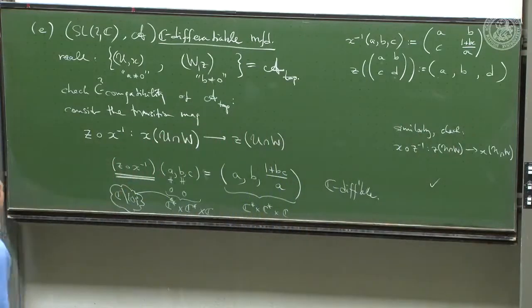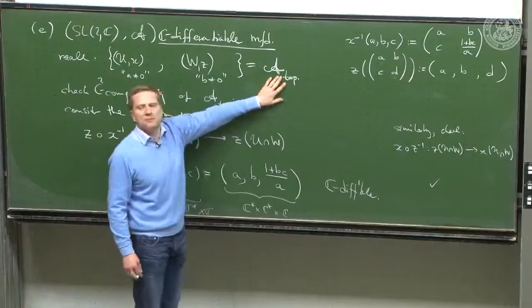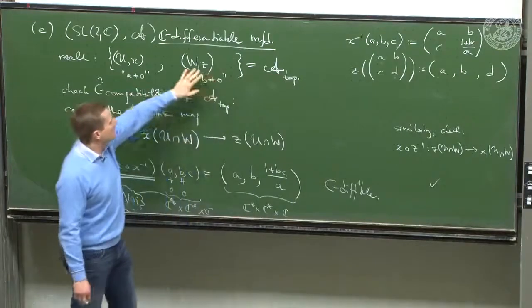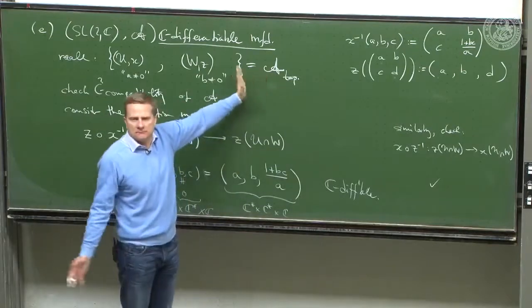So what do we have? That means that this topological atlas that we constructed happens to be more than a topological atlas, it's even a differentiable atlas. Fine.